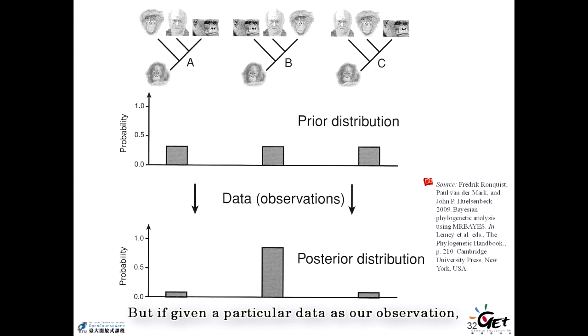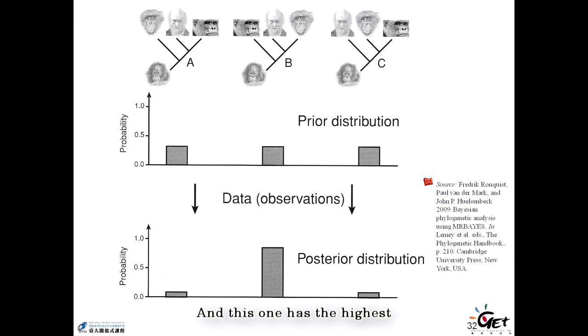But if we are given particular data, that's our observations, a particular data matrix, then we can do posterior probability calculations and get an idea of how the data fit into a particular tree. We'll have a different result at the end, and the end product will look something like this.